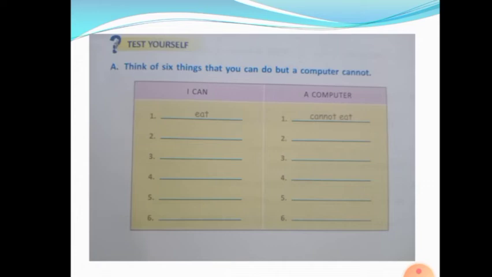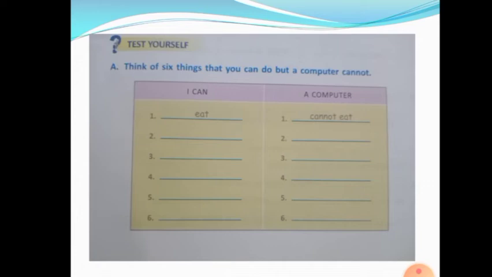Now take page number 7. The question is, think of 6 things that you can do but a computer cannot. In the first column, we should write what we can do. In the second column, we should write what the computer cannot do.